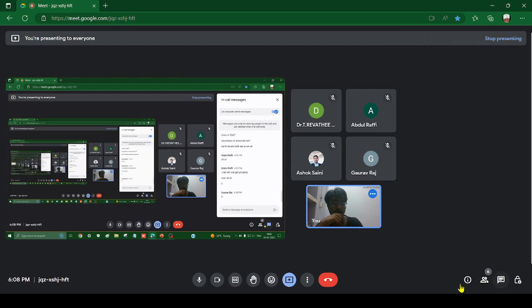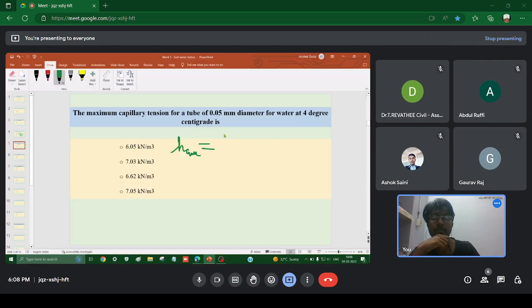Gaurav, what is the formula for HC max at 4 degrees centigrade for water? The formula is 0.3084 divided by the diameter in centimeter, and by that you can find out the HC max in centimeter.